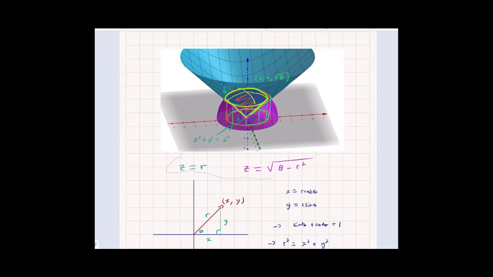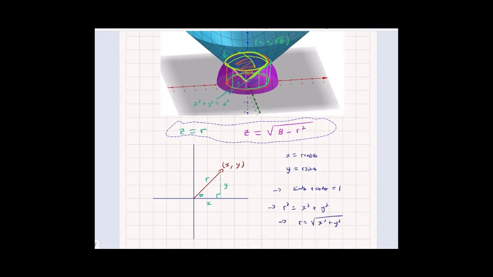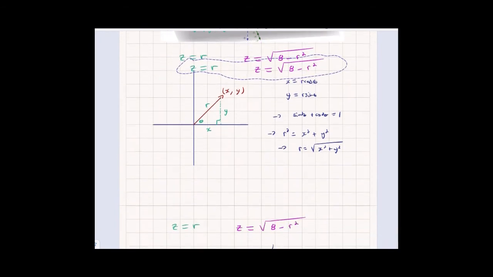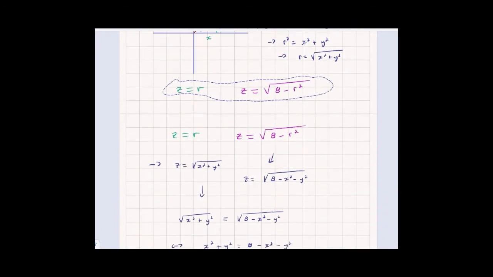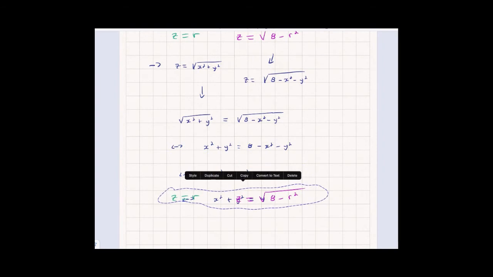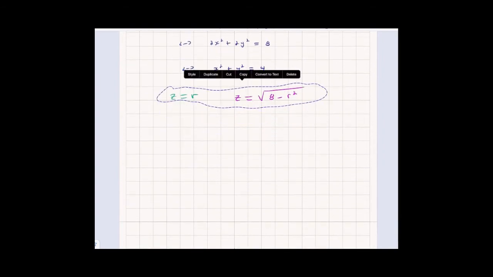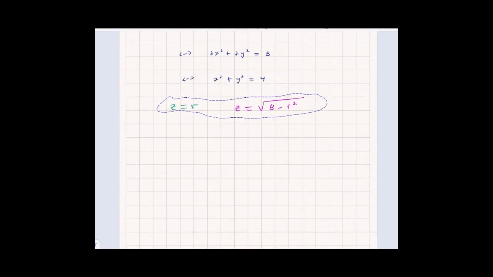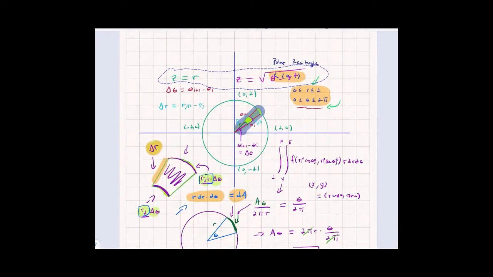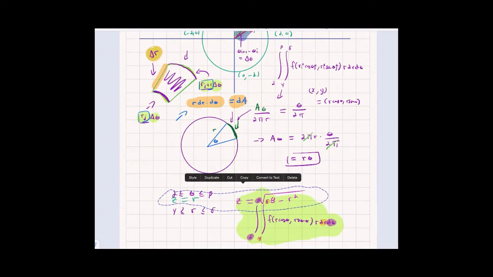So we're going to be subtracting the equation for the cone, z is equal to r, from the equation for the dome, over this region.